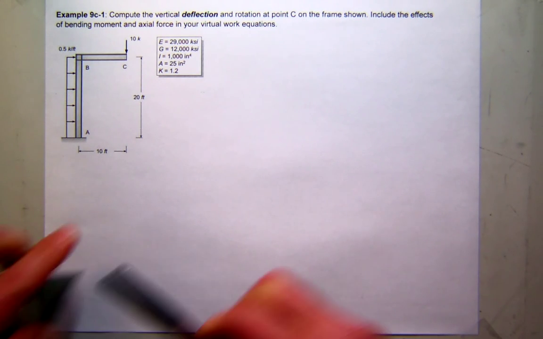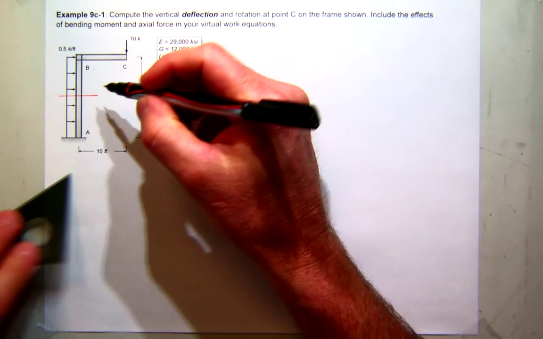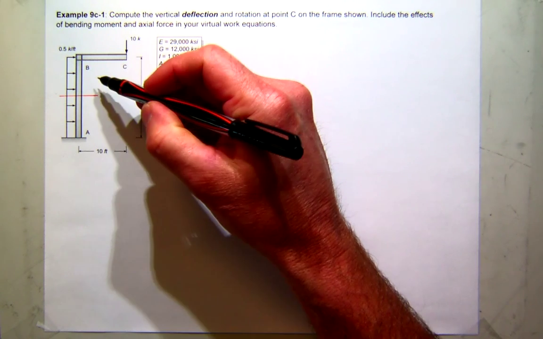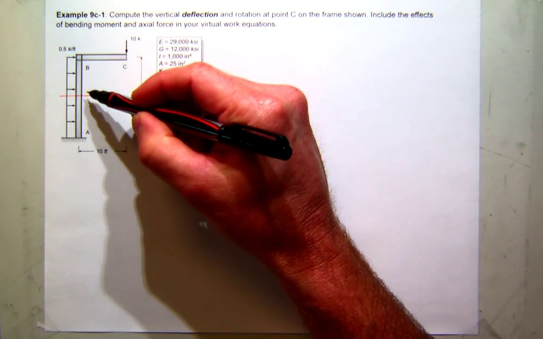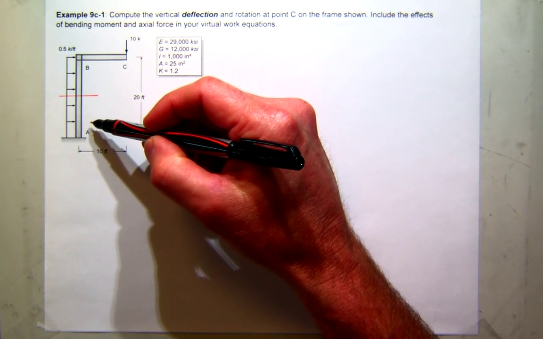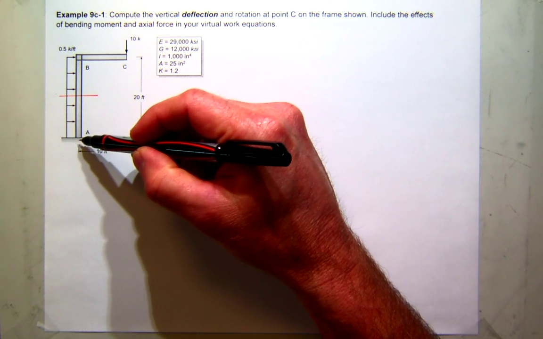So if I want to cut the structure somewhere here, A to B, and my choice is to work the bottom half of the column or the top half of this L-shaped frame, you can go either way. The bottom half could be fairly simple, but you need reactions.